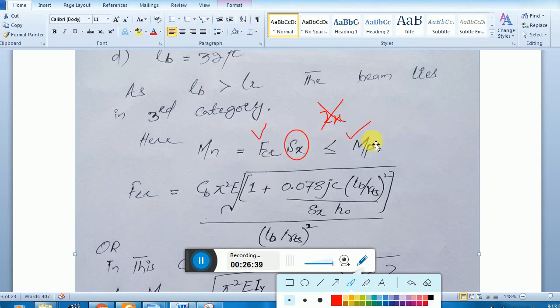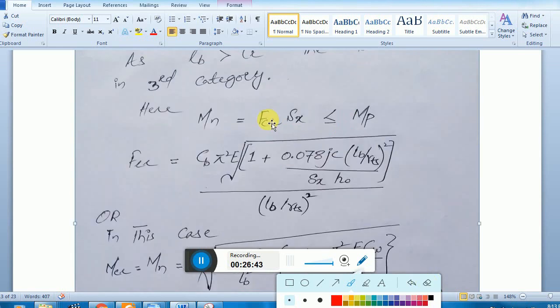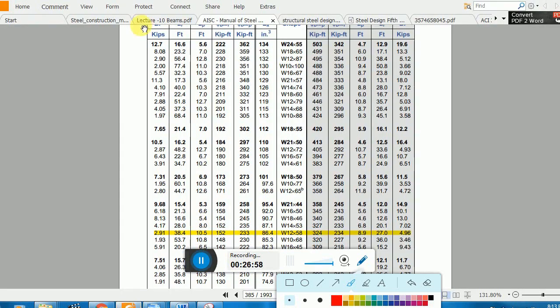Case 1. Now you see Fcr is basically equal to this formula, and it is from the AISC manual as well as from the LRFD manual. Okay, I will show you, inshallah, this value as well. For example, I have notes.